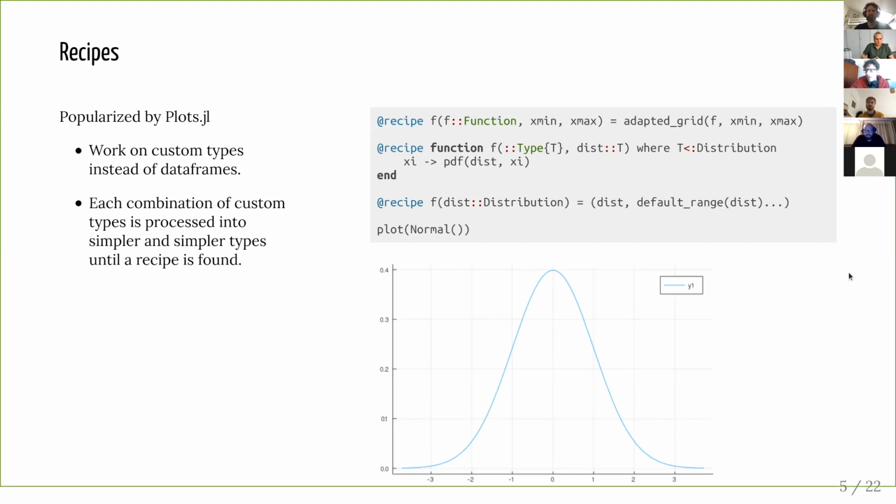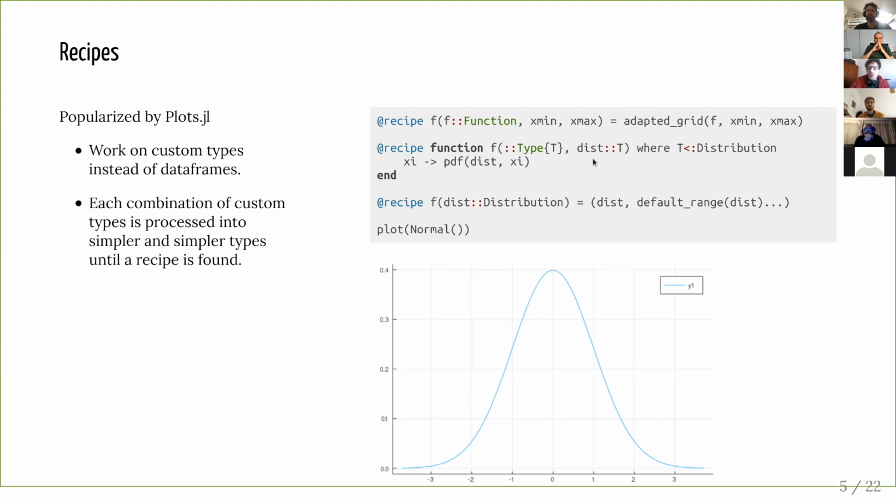But just to summarize the key idea, basically, as a user or as a library, you keep giving rules to translate types into simpler and simpler types. So for a function, if I give you a function and the extrema, you need to compute what's a smart grid to plot this function and put it there.